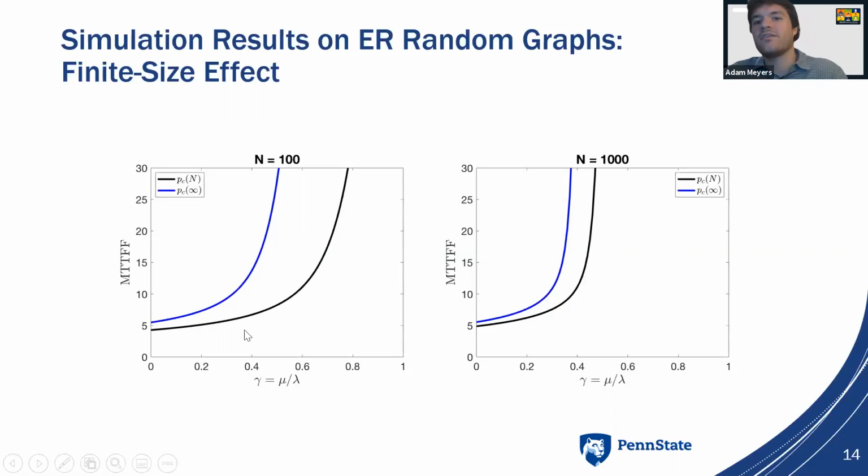So a way we can look at this is if we hold gamma constant. Say gamma is at 0.3 here, then the network's going to fail sooner. The mean time to failure is smaller than it is for the infinite case. If we use the infinite percolation threshold as the failure criterion, we get a larger mean time to failure. So we would incorrectly surmise from this that our network is more robust than it actually is.